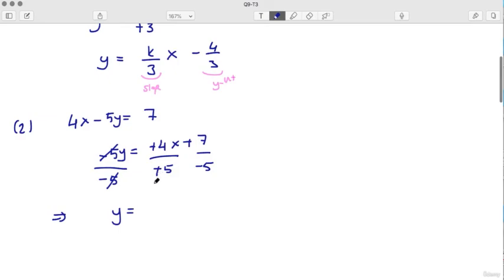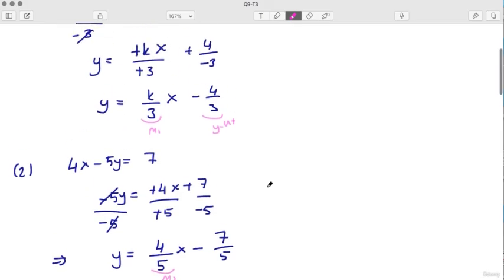On the right side, negatives cancel, so we get 4 over 5 x plus 7 divided by negative 5. This is what we get, and this is our slope. We labeled the slope of the first line m1, and this is the slope of the second line.